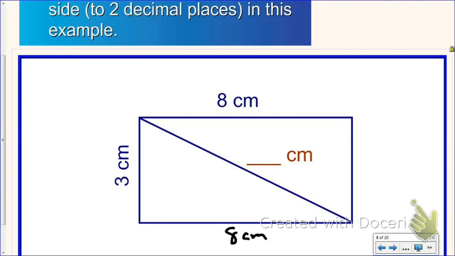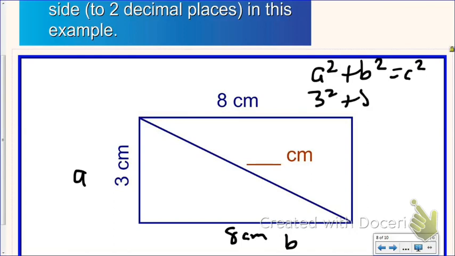And so again, we're looking for side C because the A will be the 3 and the B will be the 8 centimeters. A squared plus B squared equals C squared. We're going to go 3 squared plus 8 squared equals c squared, because we're looking for side c. So 9 plus 64 equals c squared, and that adds up to 73.